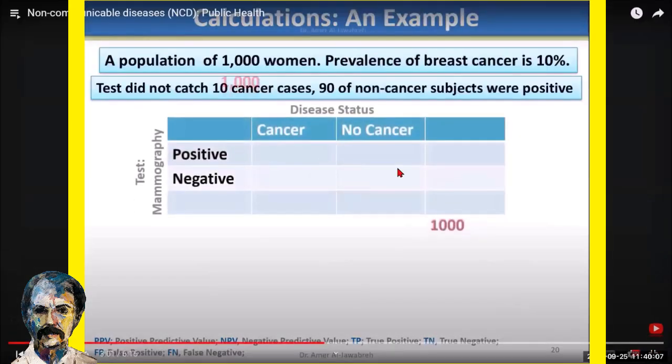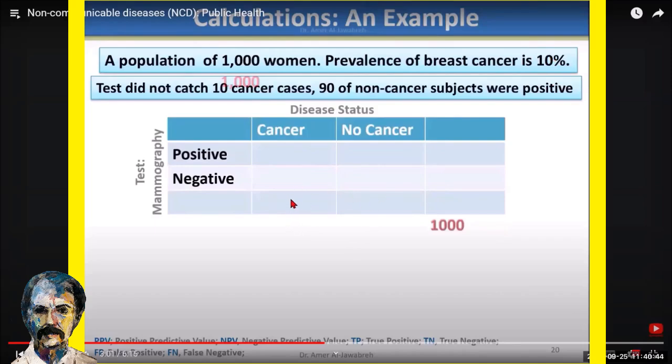Look, calculations. An example: a population of 1,000 women, prevalence of breast cancer is 10%. So here we make a 2x2 table, a contingency table we call it: cancer, the disease, no cancer, undiseased. And we have the mammography screening test, positive, negative. So we have 1,000 cases. Of these 1,000 cases, how many cancers do we have? 10% of the 1,000, which is 100. So the 100 comes where?